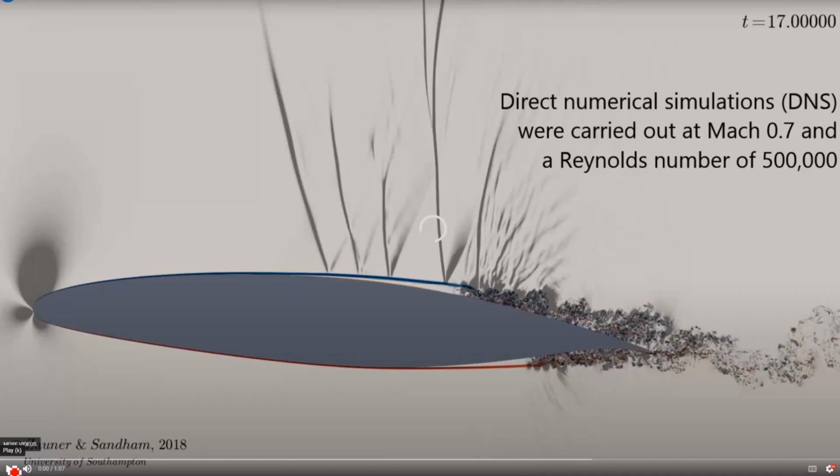And let's see, here we can see formation of turbulence after shock waves. In the transonic regime, we have separation of flow because of the impact of shock waves on the top part of the airfoil, and then highly turbulent flow behind.